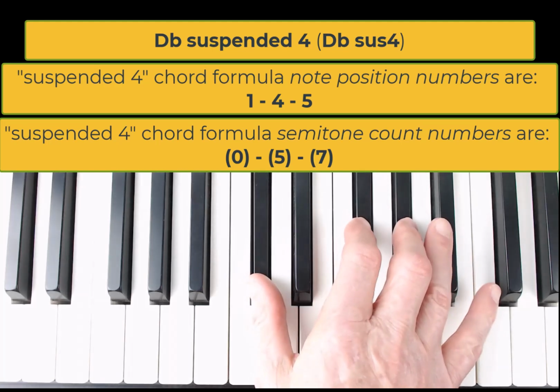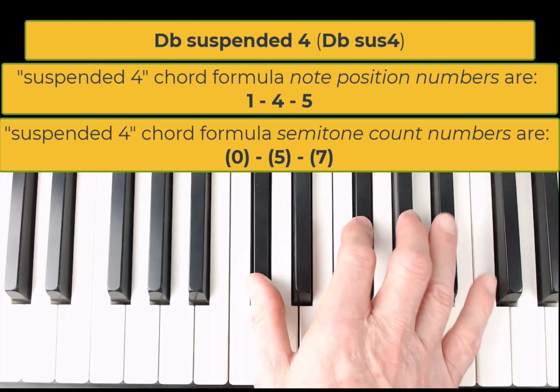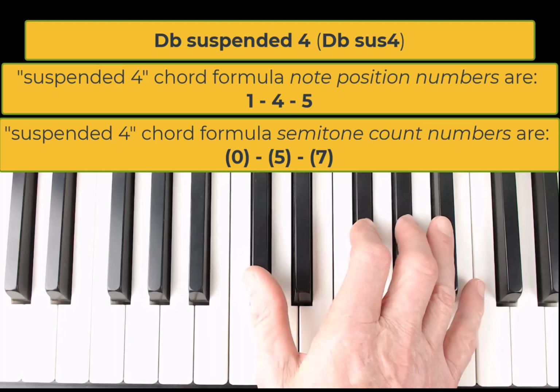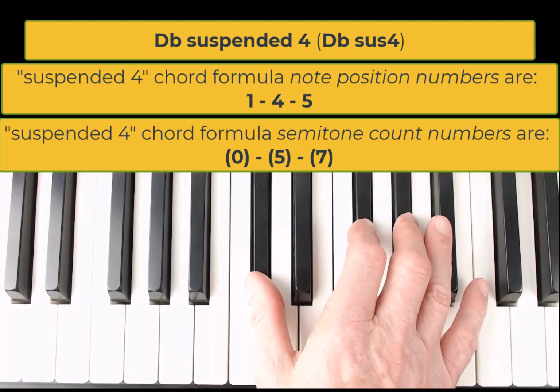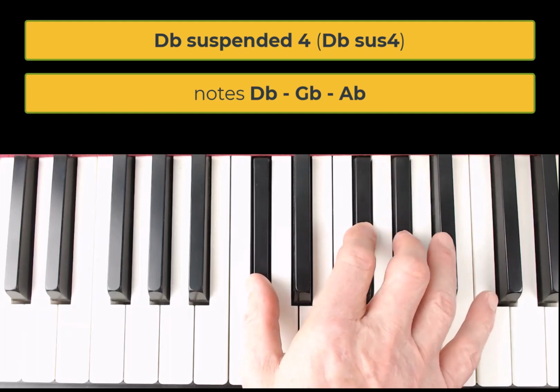So these three notes make a D flat sus4 chord, note position numbers 1, 4, 5, or semitone counts 0, 5, 7. That gives us a D flat note, G flat note, and an A flat note.